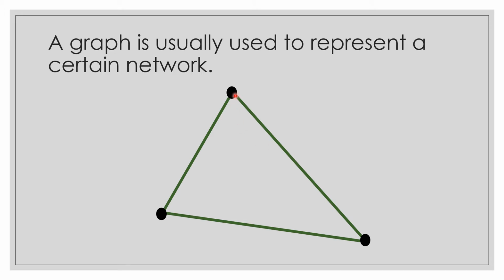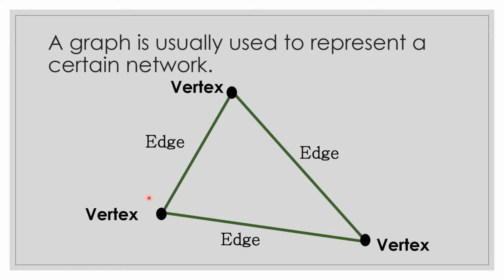Each dot here is known as a vertex. So here you have 3 vertices, and the line joining 2 vertices is known as an edge. So you have vertex and you have edge.